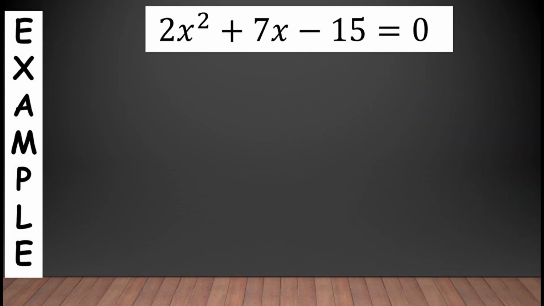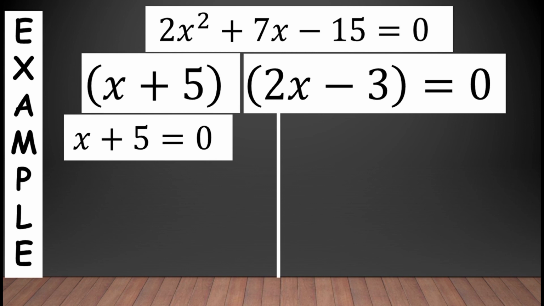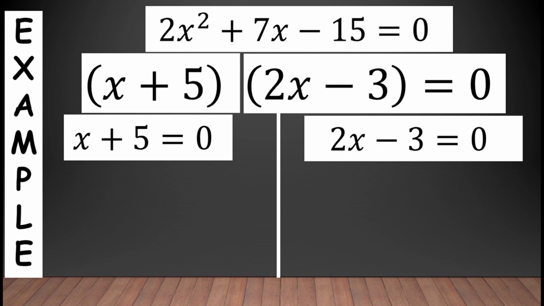These possible factors of 2x squared plus 7x minus 15 equals 0 are quantity of x plus 5 and 2x minus 3 equals 0. Applying zero product property, x plus 5 equals 0 and 2x minus 3 equals 0. So let us determine first the solution of x plus 5 equals 0.